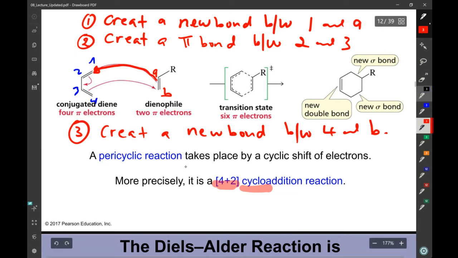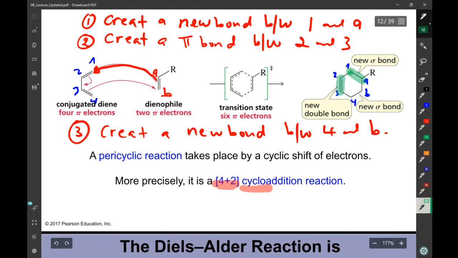And let's do those. Over here, this will be my carbon 1, carbon 2, carbon 3, carbon 4. And this will be carbon A, and that will be carbon B. Now, create a new bond between carbon 1 and carbon A. You can see that's the new bond between carbon 1 and carbon A. Create a pi bond between carbon 2 and carbon 3.